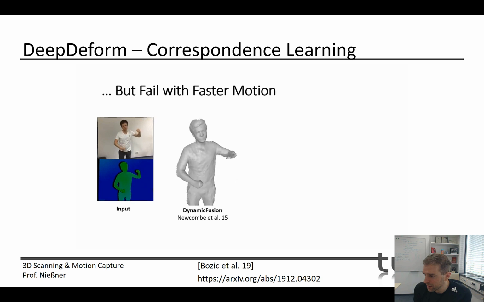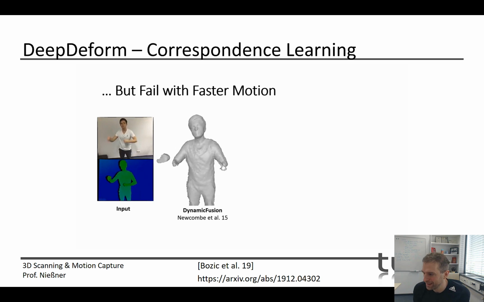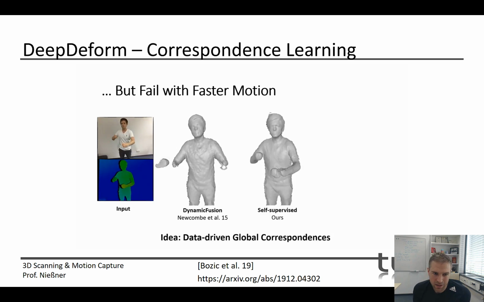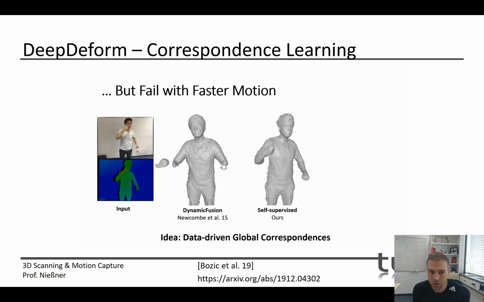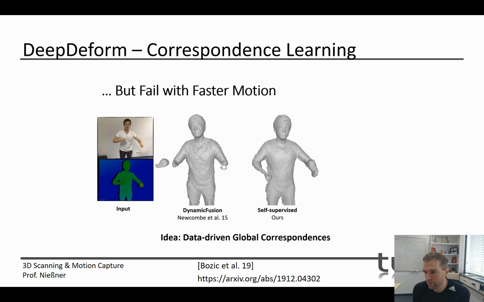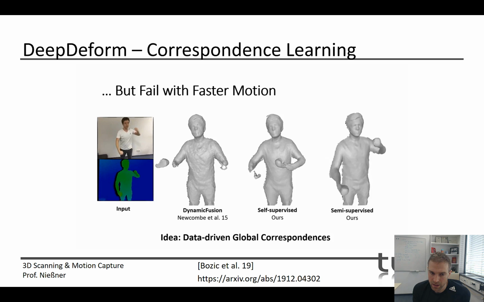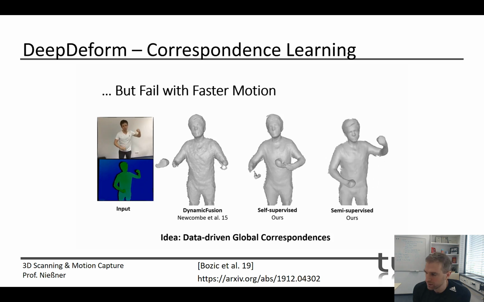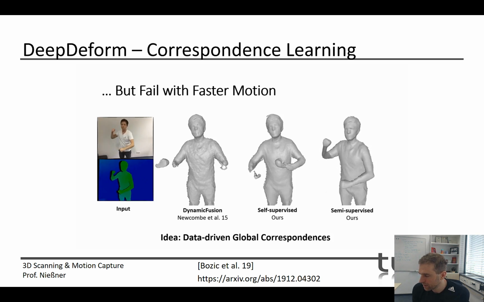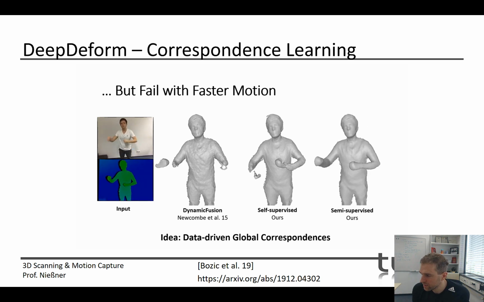Same thing if you're moving too fast. By the way, this is how this stuff looks when it fails. This is when dynamic fusion fails. And then the idea is now we want to learn correspondences, and based on these learned correspondences, we can make the non-rigid ICP more robust, and based on that, it can deal with more complicated sequences. And this is the final result of this paper that can deal with these faster motions.